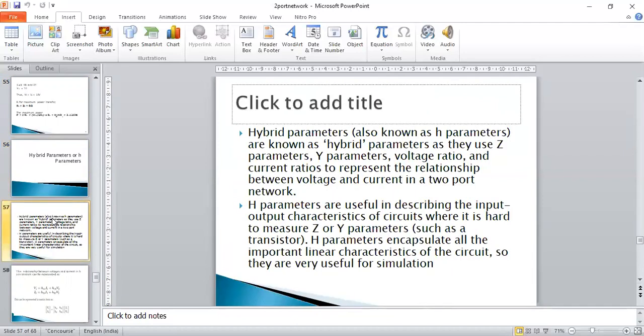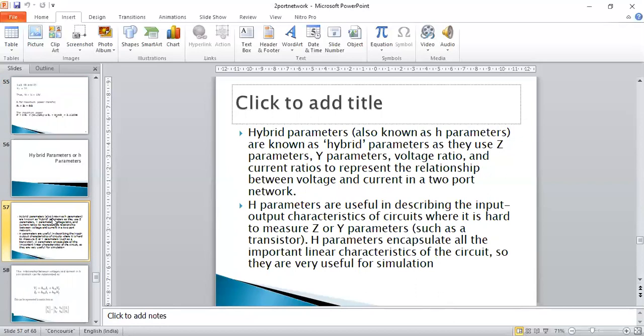It is also called the H parameter, as it uses the Z parameter, Y parameter, voltage ratio and current ratio in the relation between voltage and current in the two-port network. The H parameter is useful for describing the input characteristic of circuits where it is hard to measure the Z or Y parameter, such as a transistor.